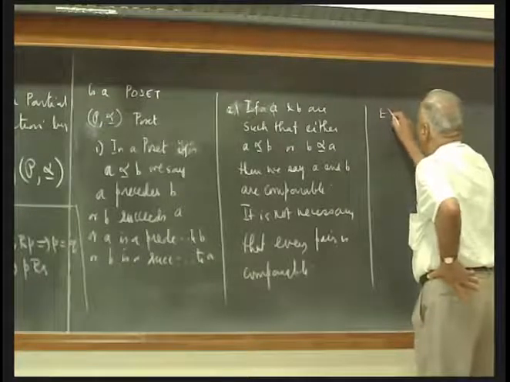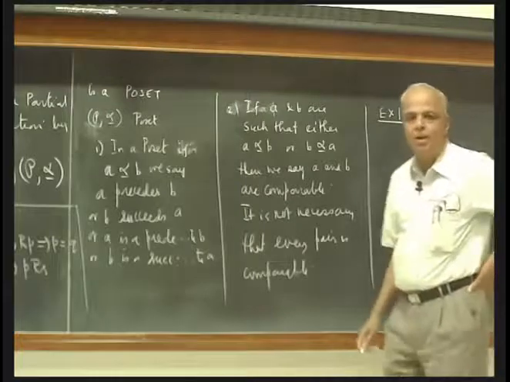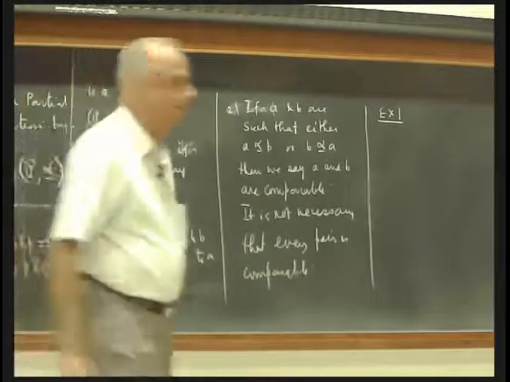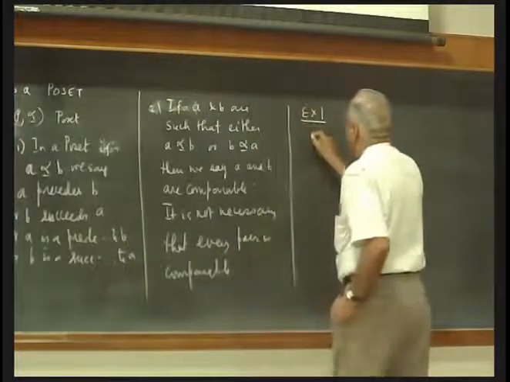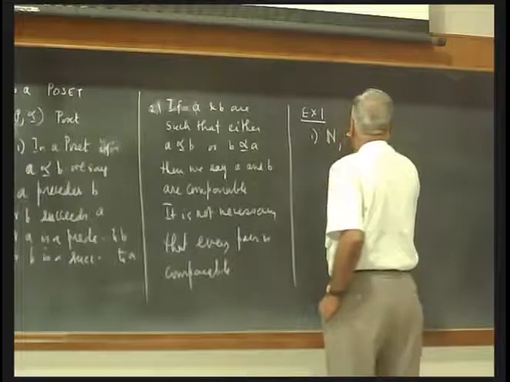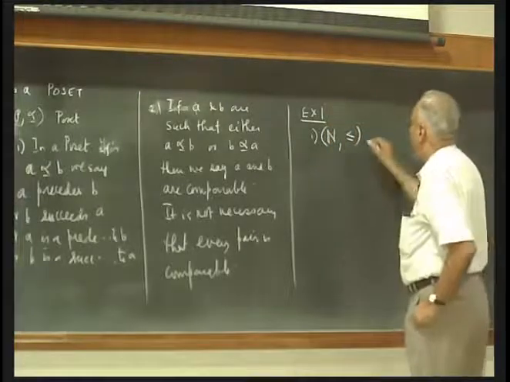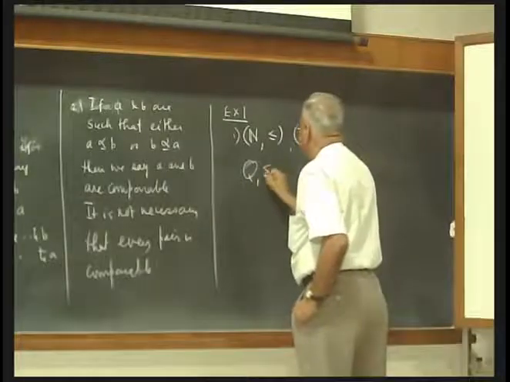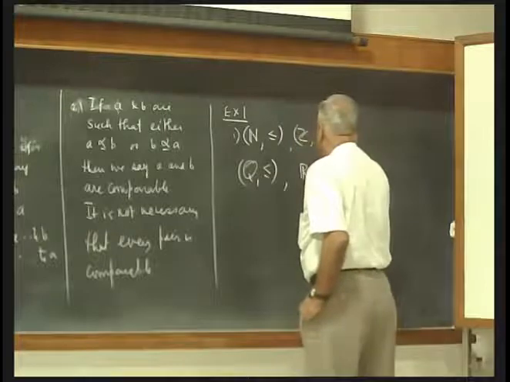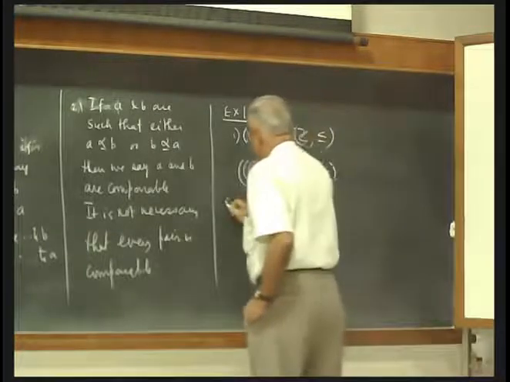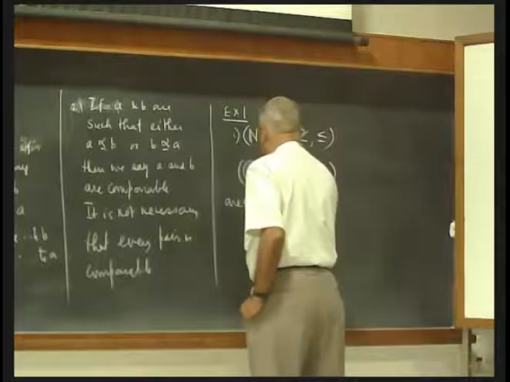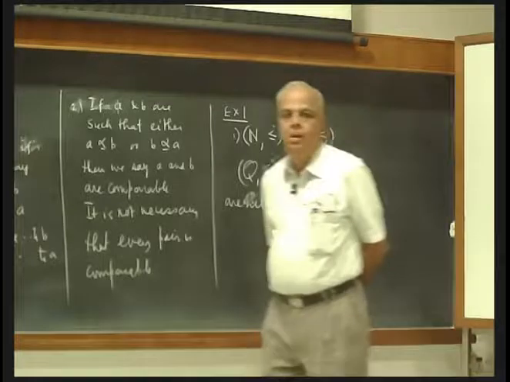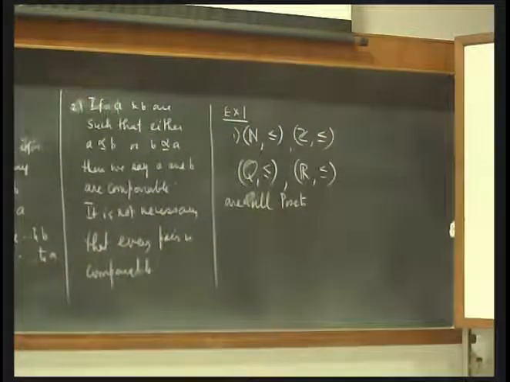Now we'll see all these in some simple examples. Example 1. This is modeled on less than or equal to on numbers, any set of numbers. Take the natural numbers with less than or equal to, or take all the integers with less than or equal to, or the rational numbers, or the real numbers. These are all posets.